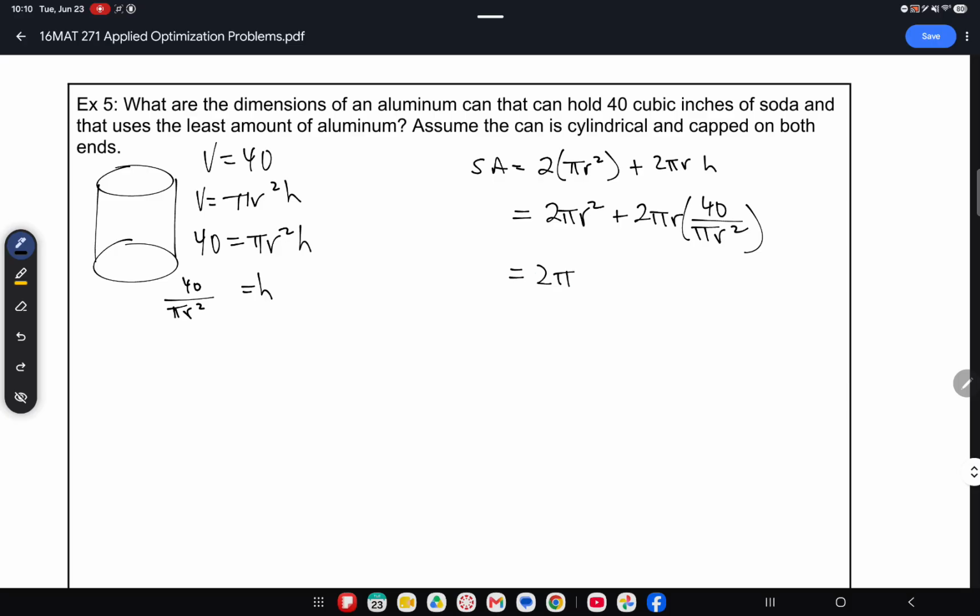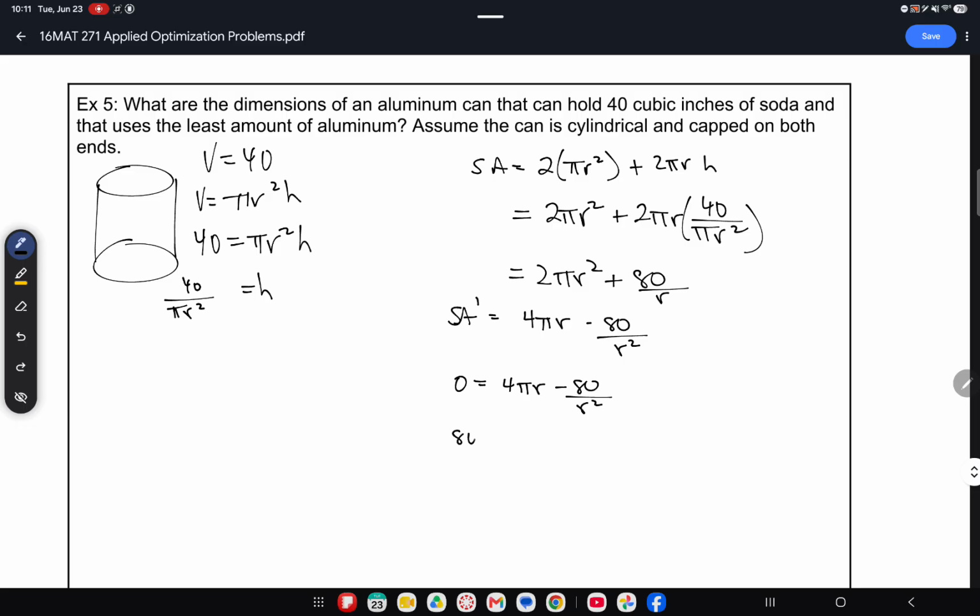Let's clean it up. So 2 pi r squared is going to be 80. The pi's will cancel and one factor of r will cancel. Now I can do derivative. So that's going to be 4 pi r minus 80 over r squared. Set it equal to 0 to find those critical numbers.